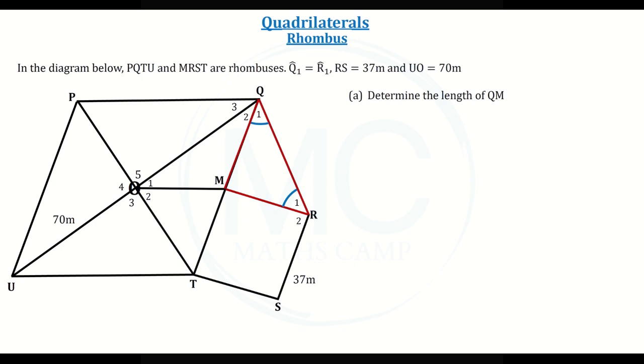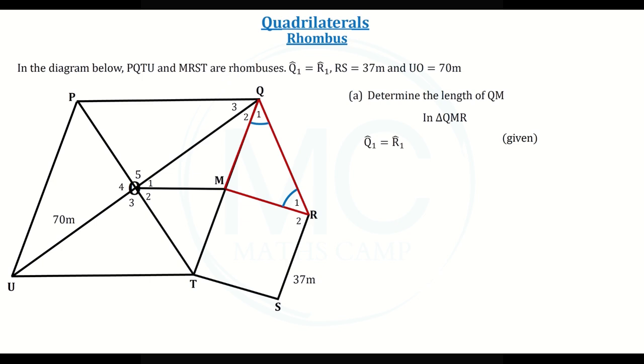So we can say in triangle QMR, we know that angle Q1 is equal to angle R1 because this information has been given to us in the question. We know from our work with triangles that an isosceles triangle has two equal angles and two equal sides.